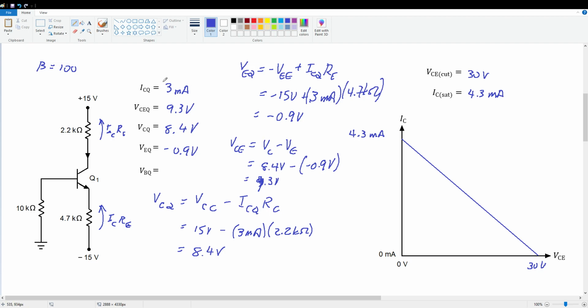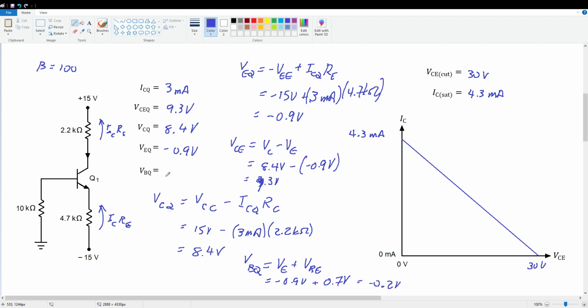All right, lastly, VB at the Q point. Well, the base is 0.7 volts more positive than the emitter, so VB at the Q point is simply VE plus VBE, right? So that's negative 0.9 plus 0.7 volts equals negative 0.2 volts.